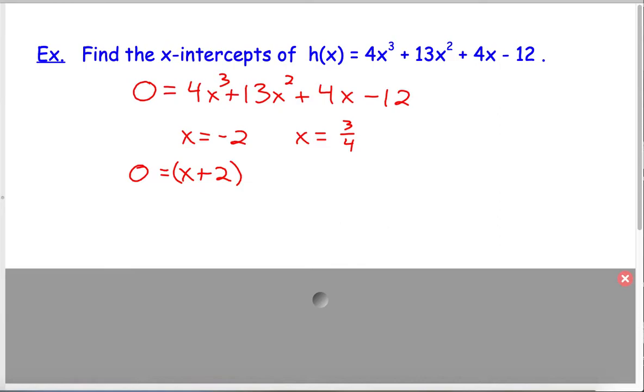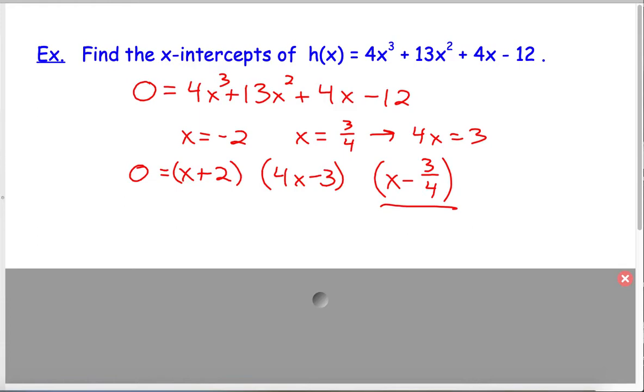And x equals 3/4, or if I multiply both sides by 4, I get 4x equals 3, and therefore 4x minus 3 would equal 0. Some people would just write, well, can't I just say x minus 3/4? Yeah, but when we're factoring, we usually don't leave it as fractions. So this would be okay, but know that that's usually what you're going to see. So we want to write it without a fraction.